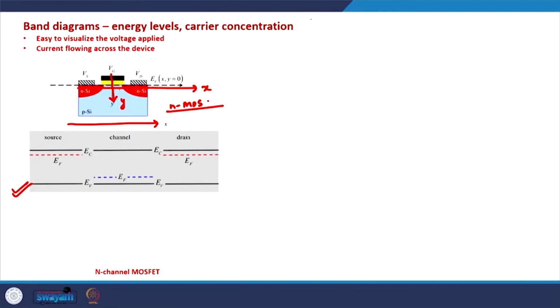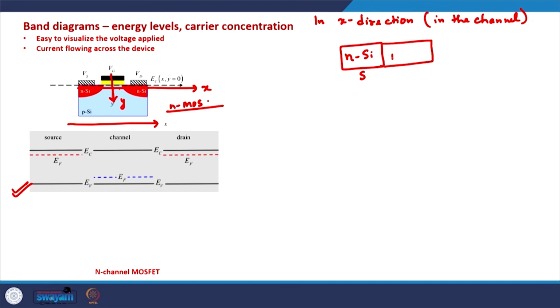So in this device, in X direction, we have N silicon in the source, P type silicon in the channel, and again N type silicon in the drain. Let's assume for a moment that they are not joined with each other.